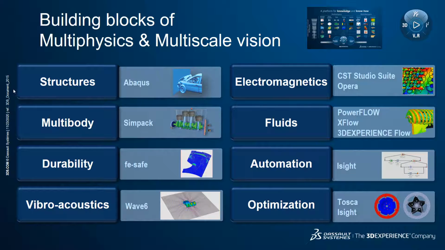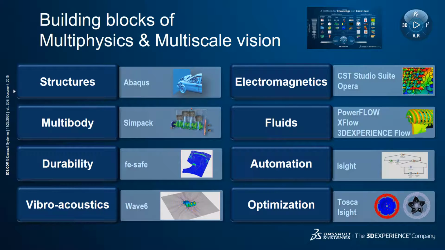On the fluids domain, we're having one of the most complete portfolios in the industry with the two latest Boltzmann codes, PowerFlow and XFlow, covering, let's say, extreme conditions regarding moving bodies, multi-phase flow, or extreme conditions regarding the precision on aerodynamics and aeroacoustics.